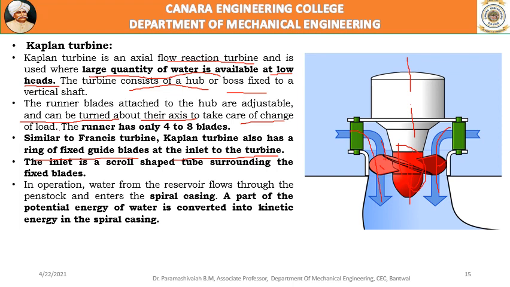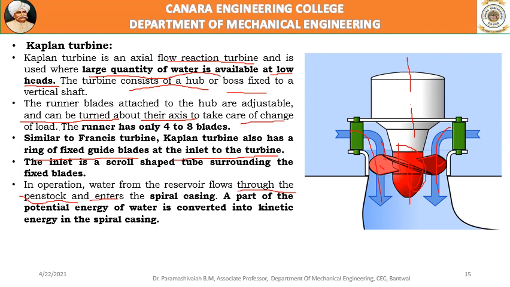In operation, water from the reservoir flows through the penstock. The penstock, as I told you, is a pipe carrying the water from the reservoir or the dam to the powerhouse or the turbine. So at the end of this penstock, it enters the turbine.